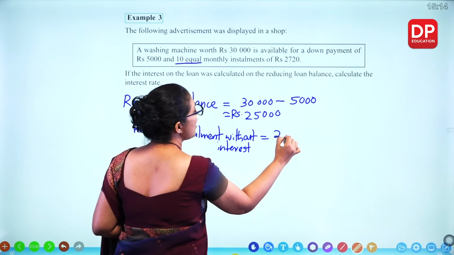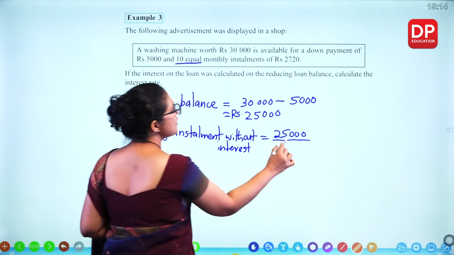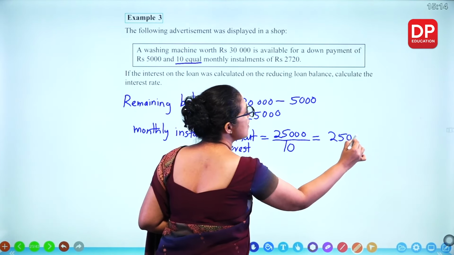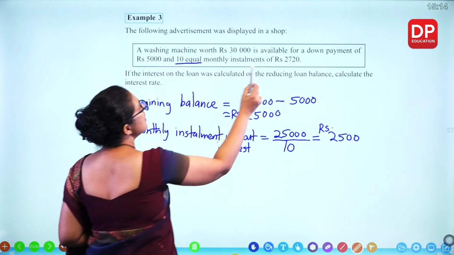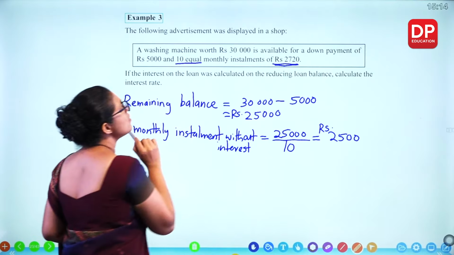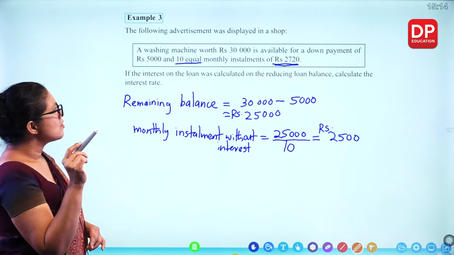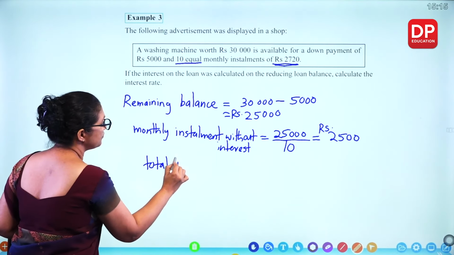So 25,000 divided by 10 equal parts. So you get 2,500. But this amount you need to pay as a monthly installment. So what's the total interest?